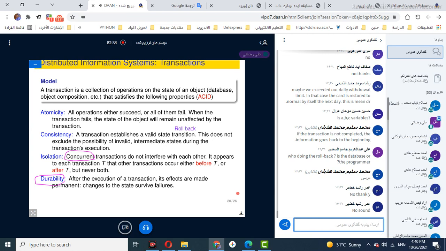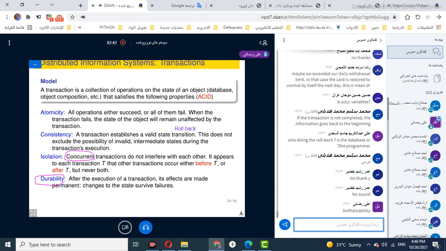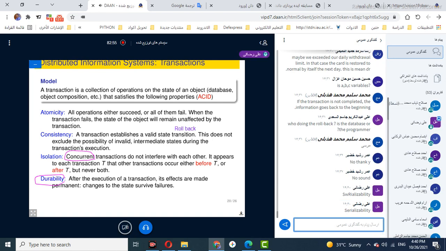So this is what is called serializability. Oh, sorry, let me correct it here. Serializability. This is what we call serializability.